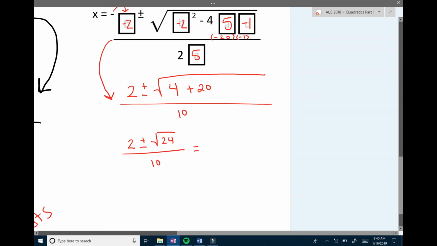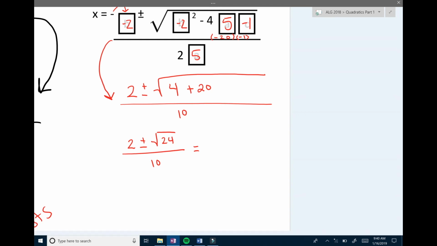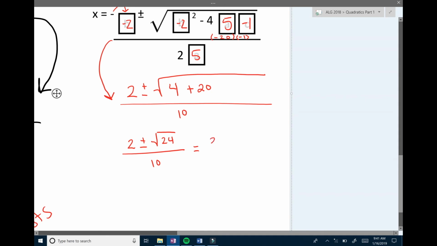Now, what is the radical of 24? So the radical of 24 is 4.89. So what I'm going to do is rewrite this: 2 plus or minus 4.89, and I'm going to put that over 10.